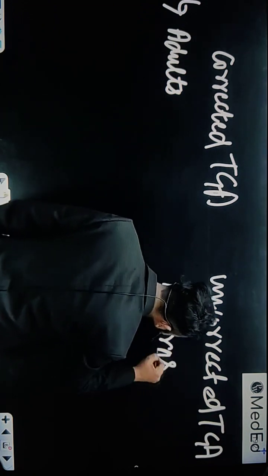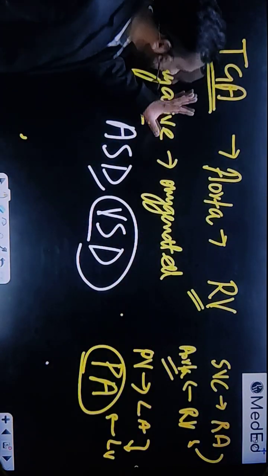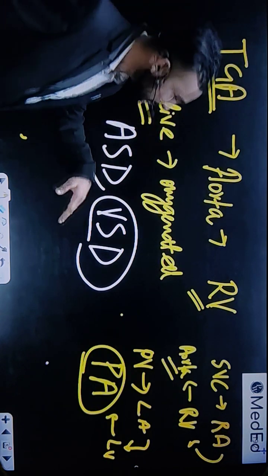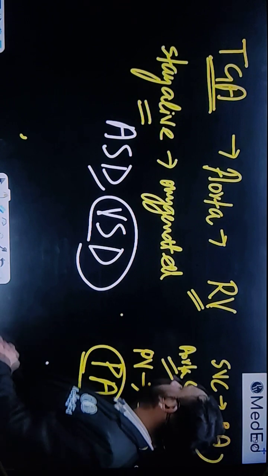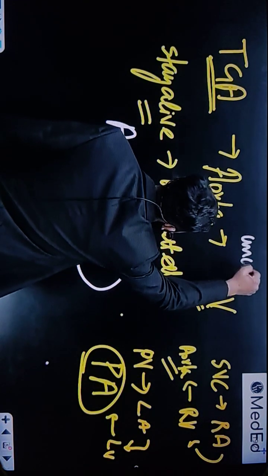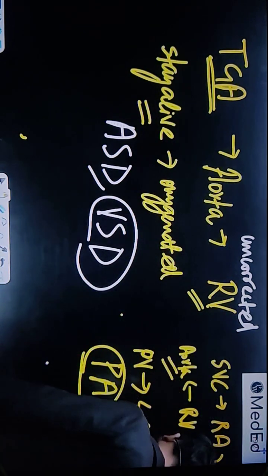So let me explain what is happening in corrected TGA. The thing that we studied, your SVC draining into the right atrium, draining into the right ventricle, and the right ventricle giving rise to the aorta, this is basically your uncorrected TGA. So what is happening in the corrected TGA?